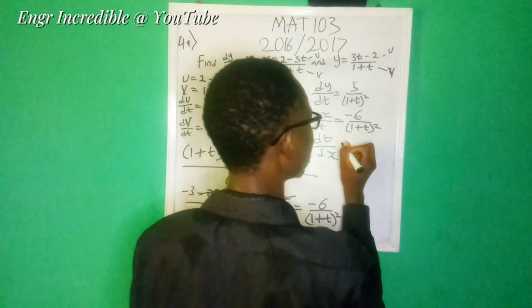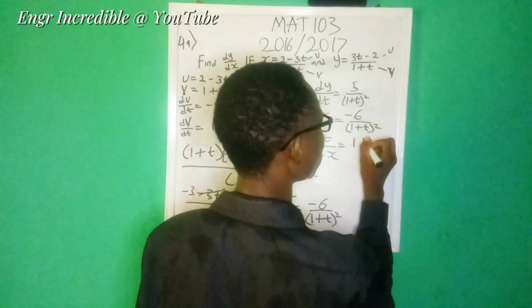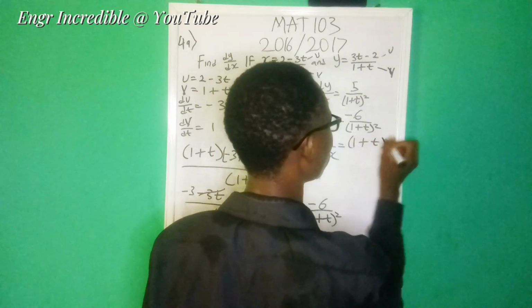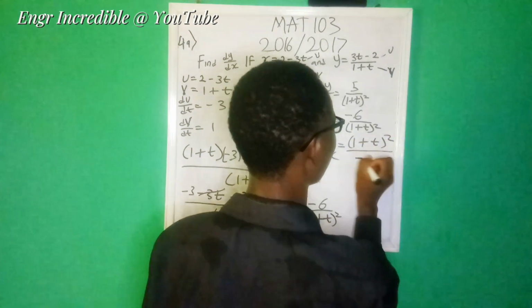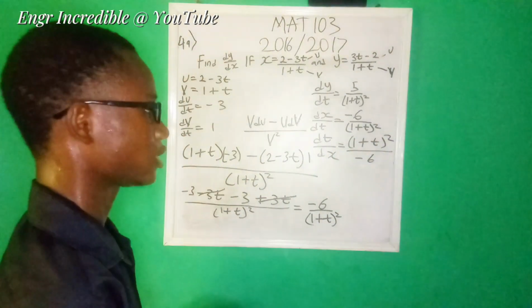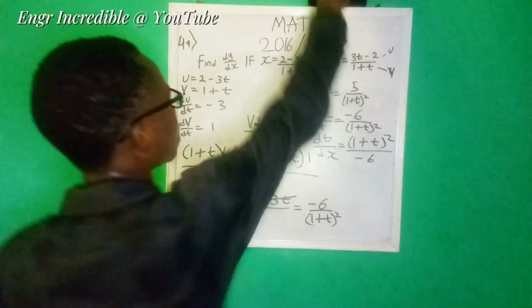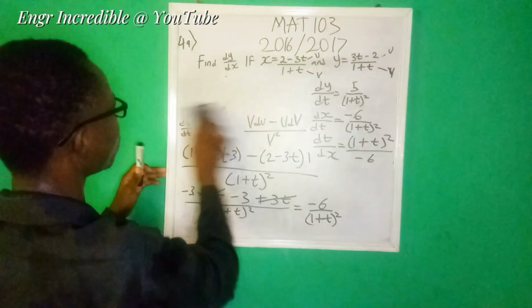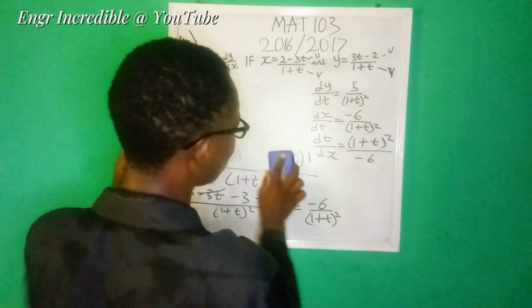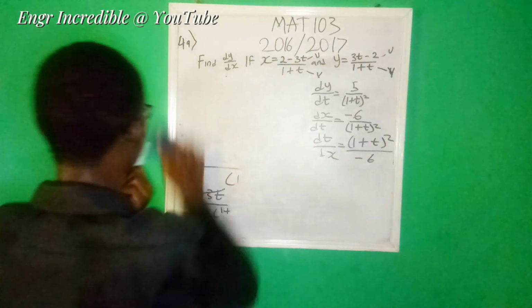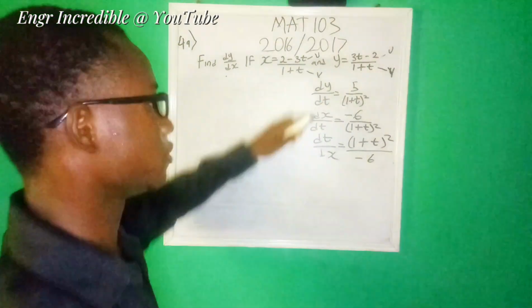So our dt dx here will be equals to 1 plus t all square all over minus 6. That is the value for dt dx. Now we have gotten our differentials.